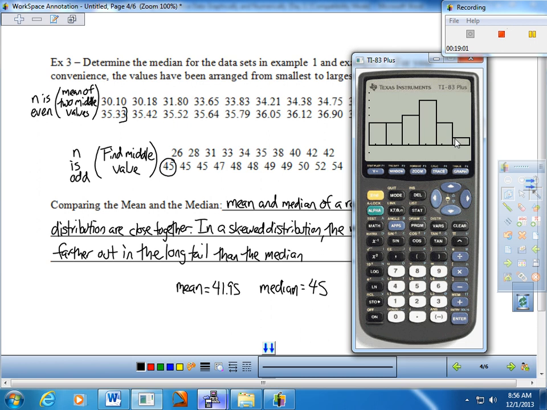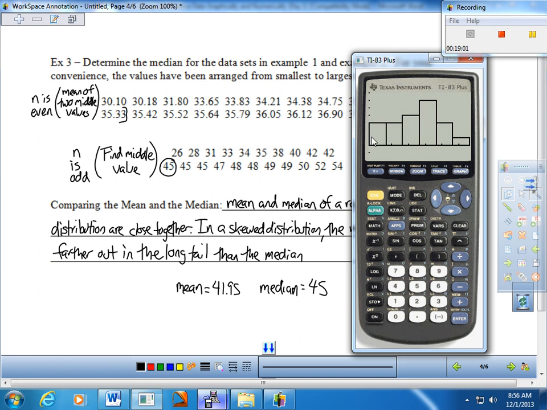And if that is the case, if we want to measure the center via the mean, it's going to be further out on the tail. So again, the mean is roughly here at about 41.95, where the median is at about 45 right here. So the mean is pulled out along the tail of the skew.